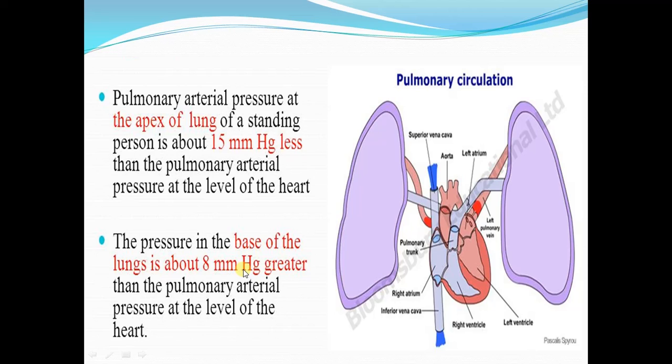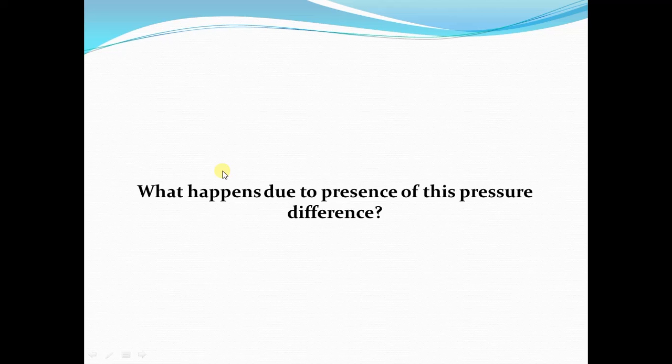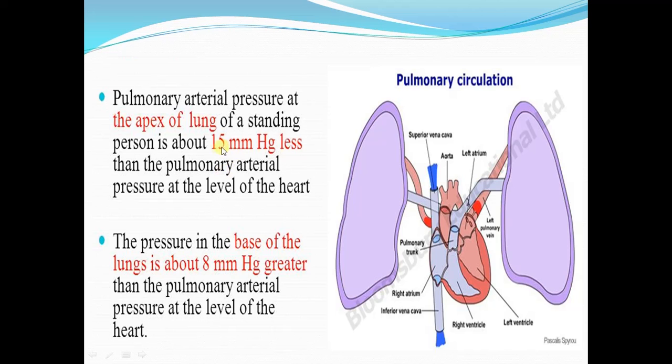It means that blood pressure in the uppermost part of the lung above the level of the heart is 15 mm of mercury less than the pressure at the level of the heart. Again I am repeating that of 23 mm of mercury, 15 mm of mercury difference is present above the level of the heart, and 8 mm of mercury difference is present below the level of the heart.